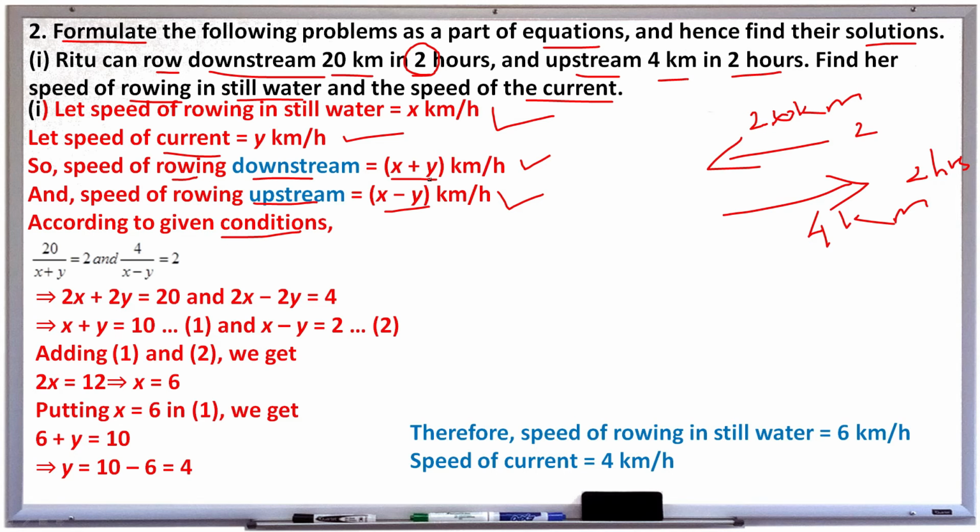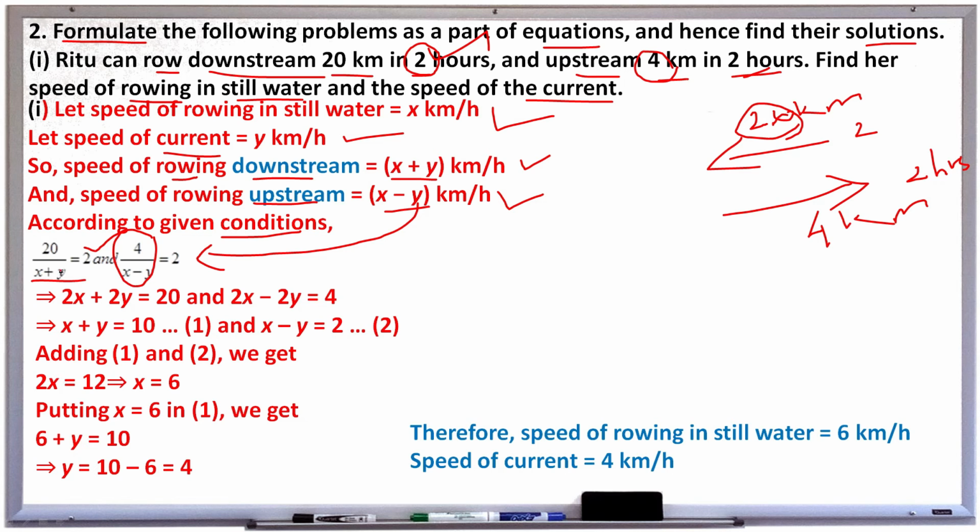What is given? 20 km. How did she cover this 20 km? 20 km by x plus y is equal to how many hours she has taken? 2 hours. So 20 by x plus y is equal to 2 hours. Similarly, 4 km in 2 hours she covered, so 4 by x minus y is equal to 2 hours.